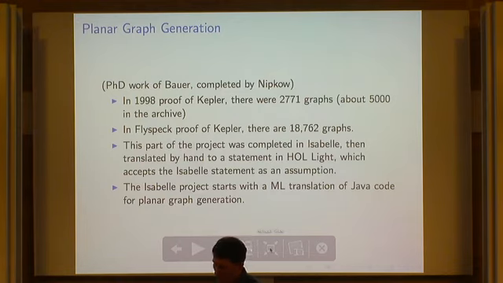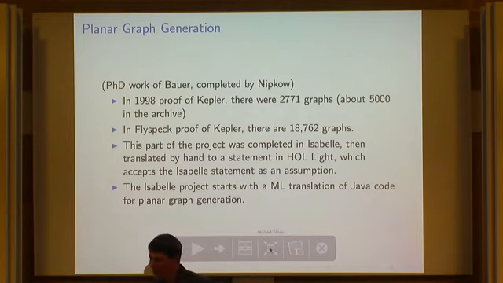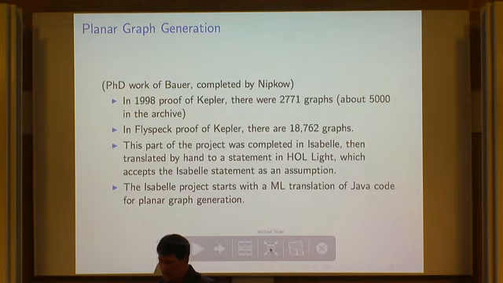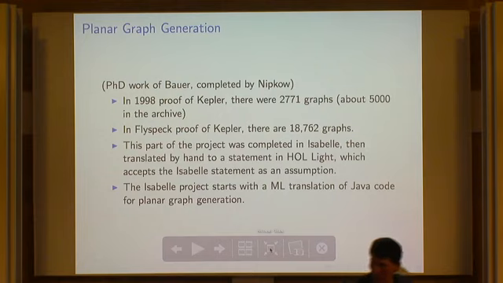But when you actually write the code, you want to be throwing away graphs as you generate them rather than generate all planar graphs. And that's what this project does. It proves all these lemmas justifying that you can throw away different graphs at various stages of completing them, and you never throw away anything that you shouldn't.